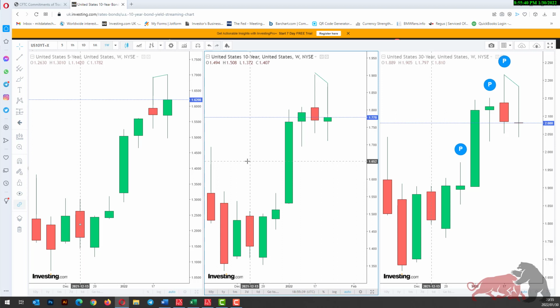That rally that we saw last week, there should be a bit of a reaccumulation, and that is what the long-term interest rates are telling us right now.